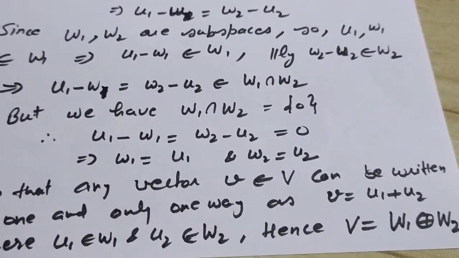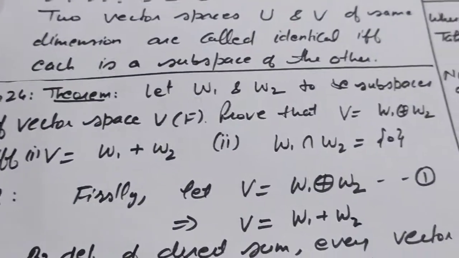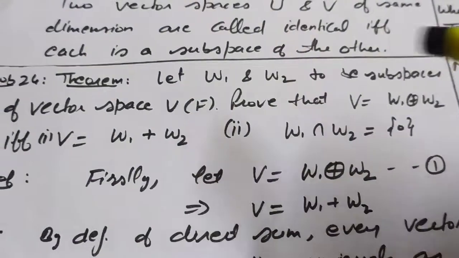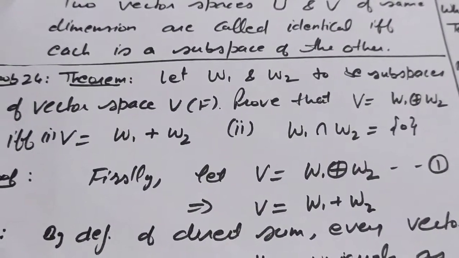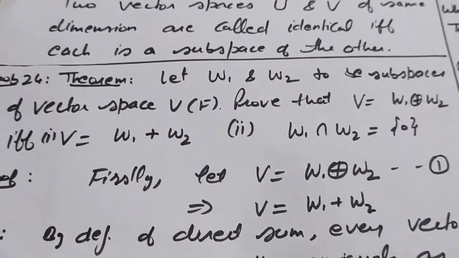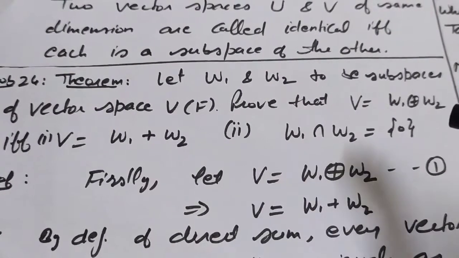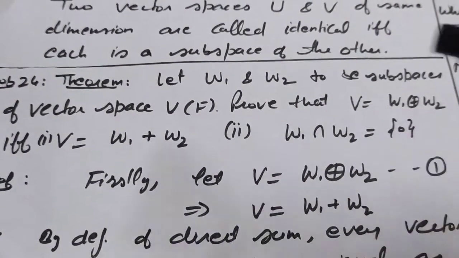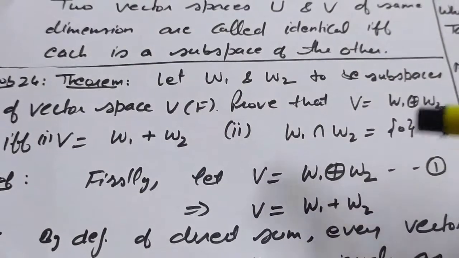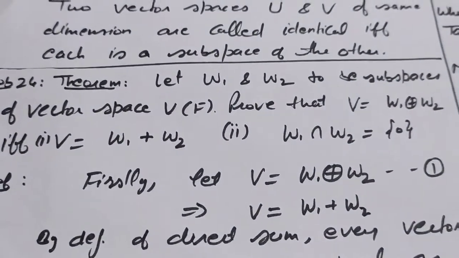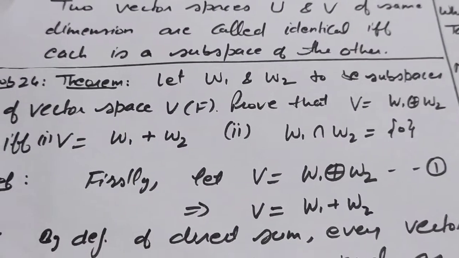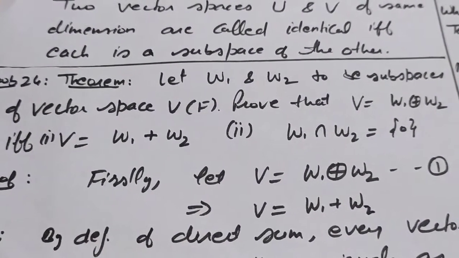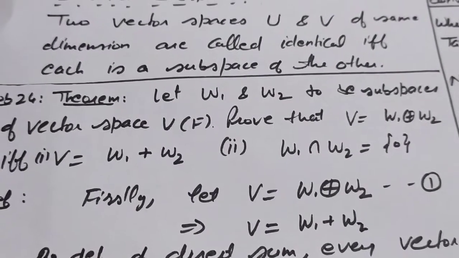That is the definition of direct sum. Hence, you have to learn that if W1 and W2 are subspaces of the vector space, then the direct sum of W1 and W2 must satisfy these two conditions. That is, V should be the linear sum of the two subspaces, and at the same time, on intersecting, they must give the zero subspace. Thank you.